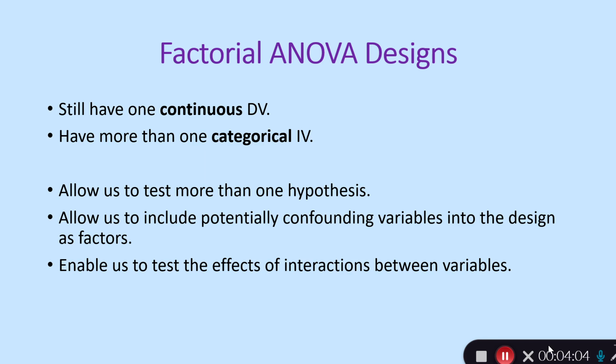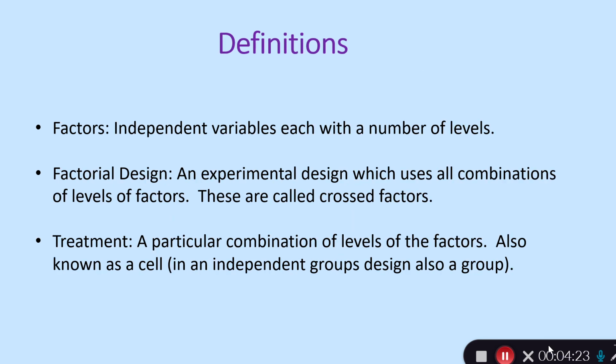Factorial designs also enable us to test the effects of interactions between independent variables on the dependent variable. So the interaction between the variables may affect scores on the dependent variable in different ways, and we'll see what that means in more detail shortly.